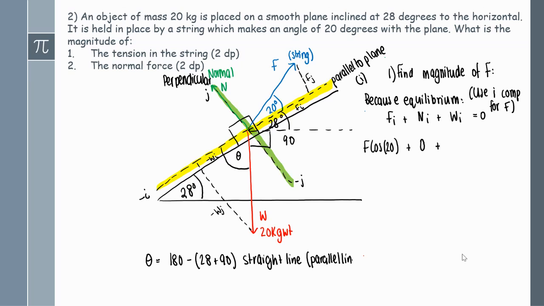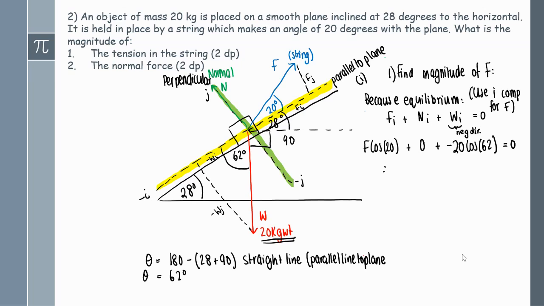So 28 plus 90 plus theta should equal 180 degrees because that is all in a straight line along that parallel line to the plane. In this way, we can find that the angle between W and the parallel direction of the plane is 62 degrees. So I'll put that in there. Now I can find Wi. Remember, Wi will be negative. We'll have Wi is equal to negative 20 cos 62.